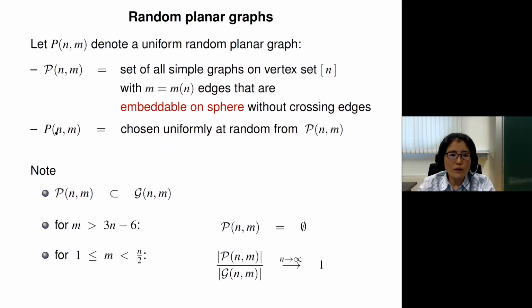As before, the curly P(n,m) will be the class of all simple graphs on vertex set [n] with m edges that are embeddable on a sphere without crossing edges. And P(n,m) will be a graph chosen uniformly at random from it. So it's a uniform random planar graph.